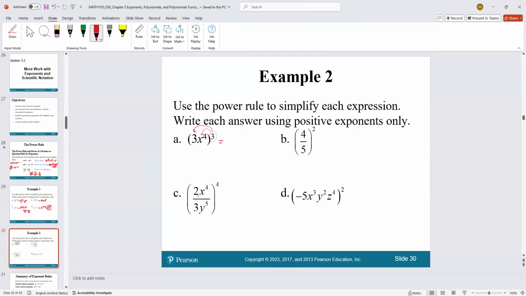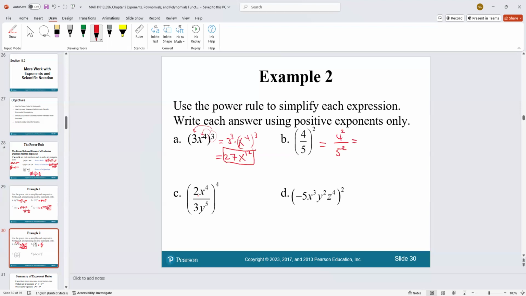So what I can do is 3 power 3 times x power 4 power 3. So 3 power 3 is 3 times 3 times 3. That makes it 27. X power 4. So when we have a power of a power, we multiply the exponents. So 27x power 12.